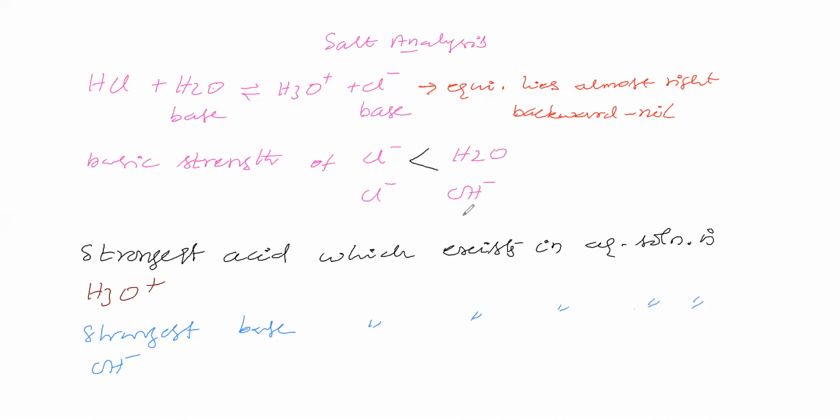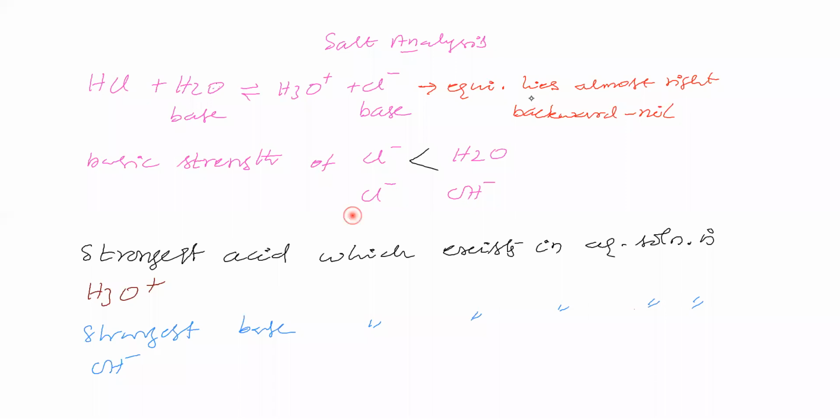This OH minus is the strongest base which exists in aqueous solution. Cl minus basic strength is even less than water. So how will the basic strength of Cl minus be when compared to OH minus?